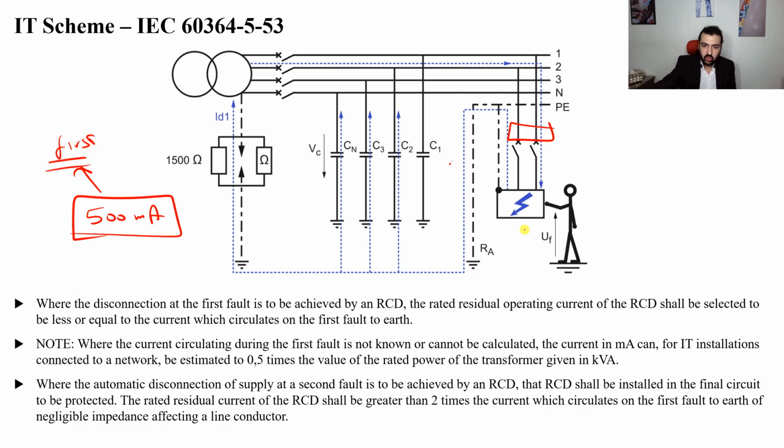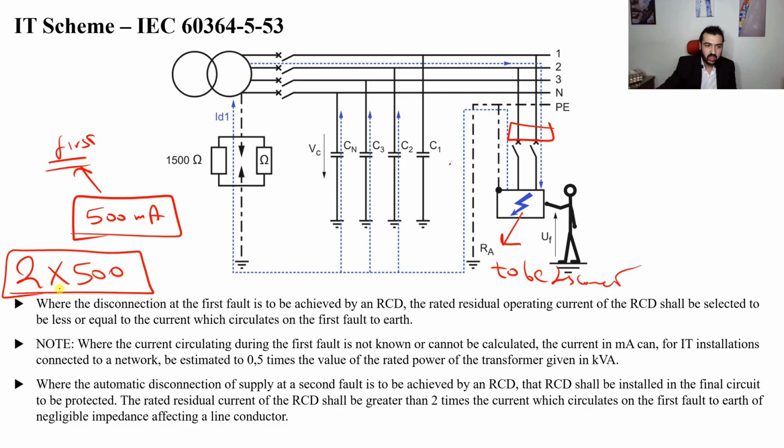If I don't want this equipment to be disconnected, I will select it to be double the value. Why double the value? This will operate during the second fault that we will discuss after the next lesson. Don't worry if you don't understand what the second fault is, I'm going to discuss it in detail. But I just wanted to mention this to be remembered in the lesson after the next one.